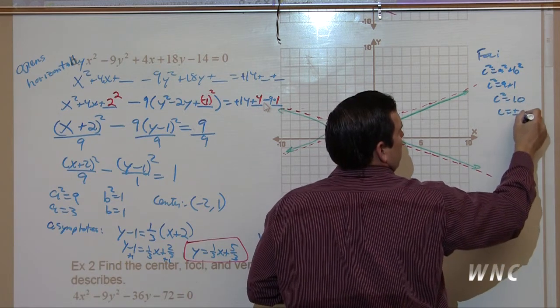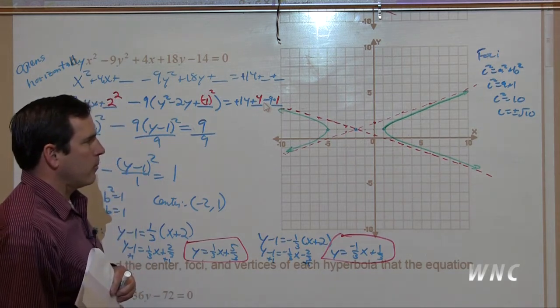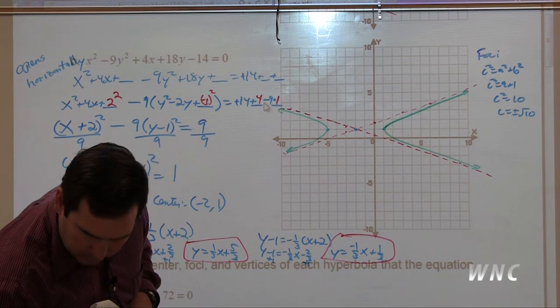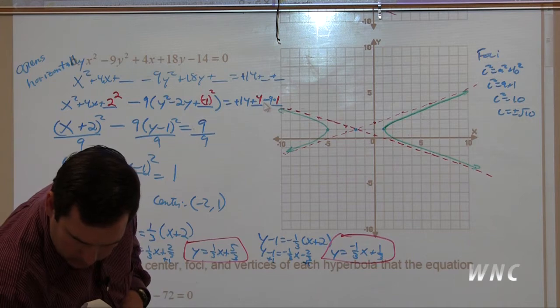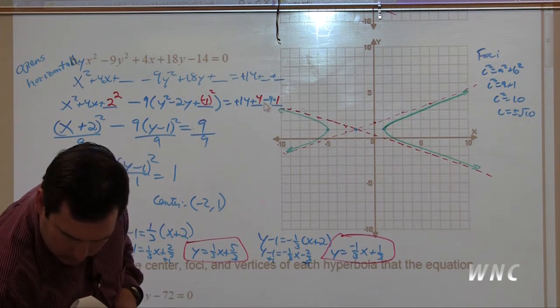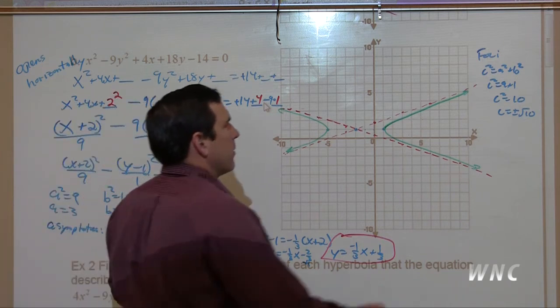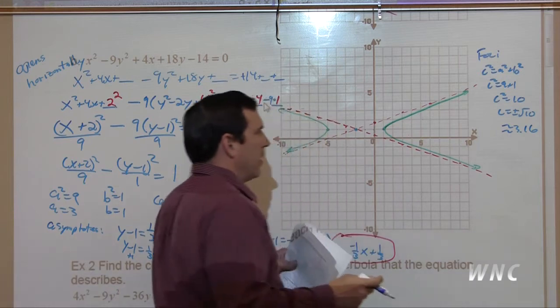C is plus or minus the square root of 10. And the square root of 10, to give us a decimal equivalent, would be 3.16. Just to give us a visual on this.